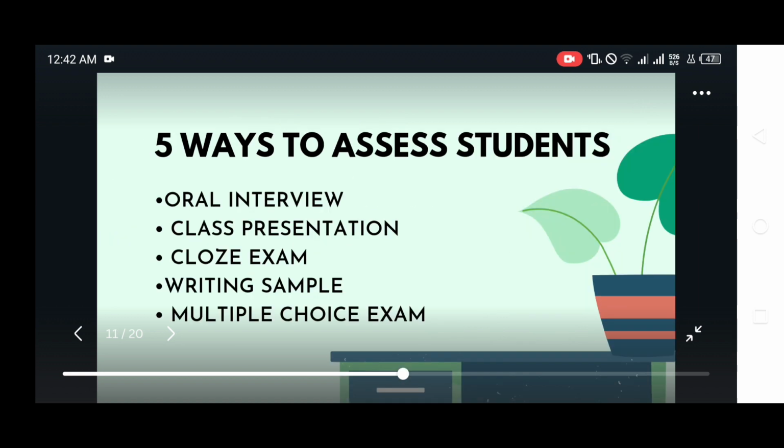There are more ways to assess grammar skills, but I have here five ways to assess students. The first is oral interview, second class presentation, third cloze exam, fourth writing sample, and the last one is multiple choice exam.